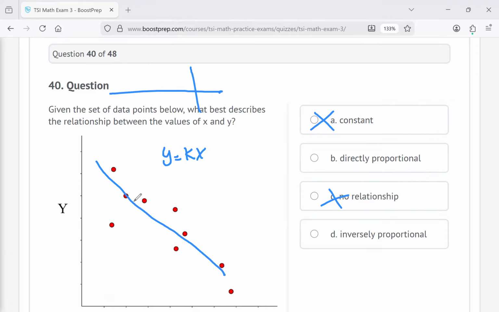We have a linear line, because y equals kx is the same thing as y equals mx, right? Yeah, I think it's B. So you need to know that direct proportionality is the equation y equals kx, which is a linear line. Inverse is like a fraction, which is a rational function. This is not rational, it's linear.